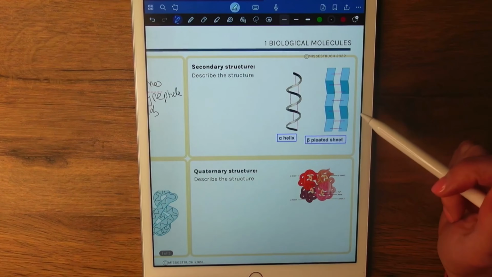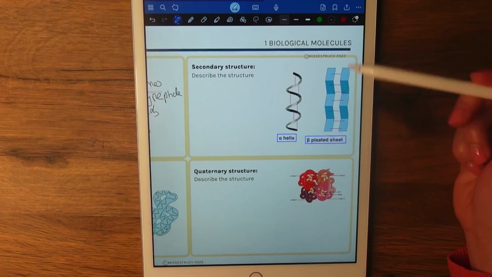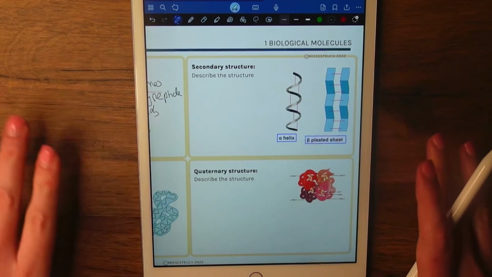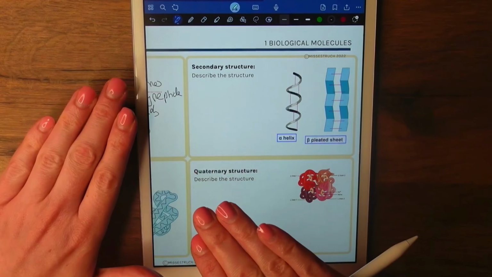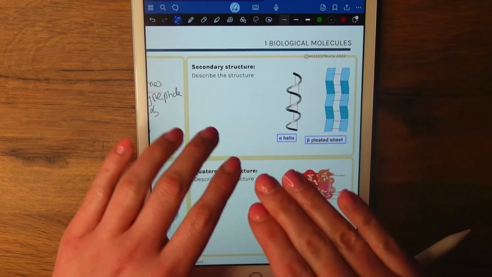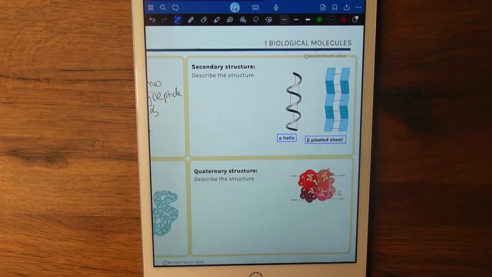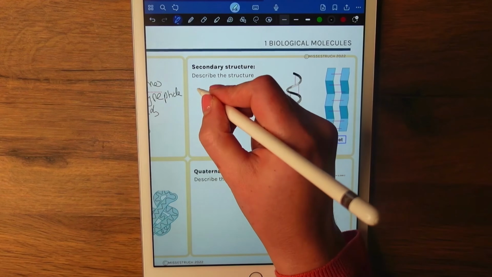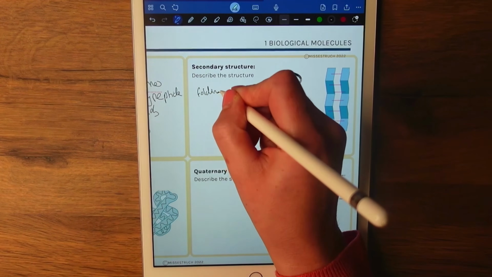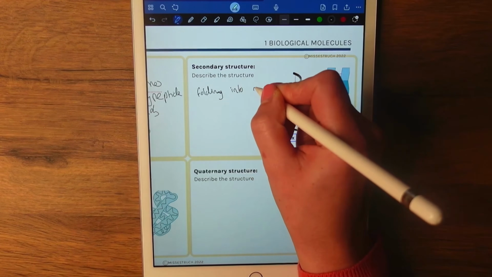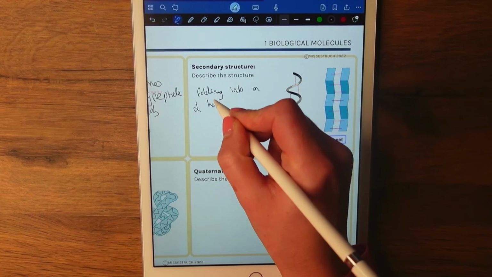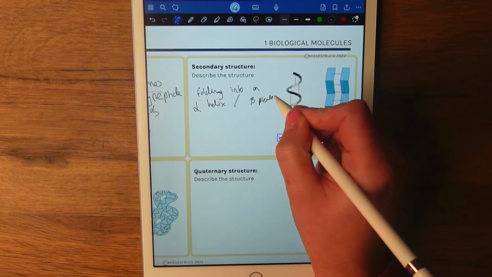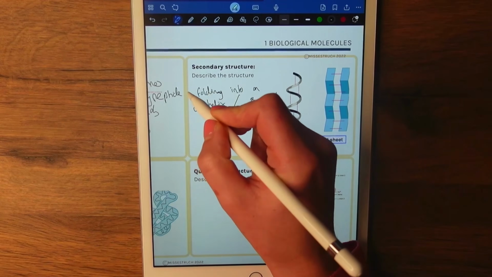Then we have to describe the secondary structure. You've actually got a massive hint here, because this isn't an exam question. This is my active recall workbook, where it's bridging the gap between learning the information, testing you've understood it, and knowing key marking points, and then you go on to exam questions. So here, your first mark would be folding into an alpha helix, or it could be a beta pleated sheet.